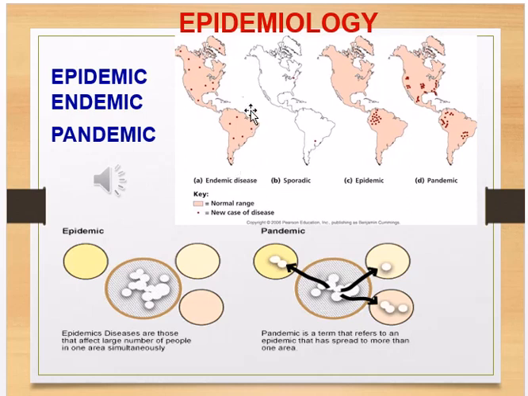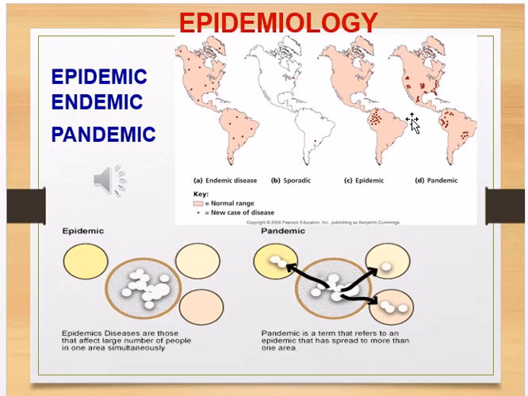A disease that is permanent to a certain area and does not spread beyond it is called endemic. However, this spreads across a bigger region. Now, sporadic is, you can see this red dot in South America and North America as well. So this is very sparse, very thinly distributed in its spread. This kind of disease is called sporadic.